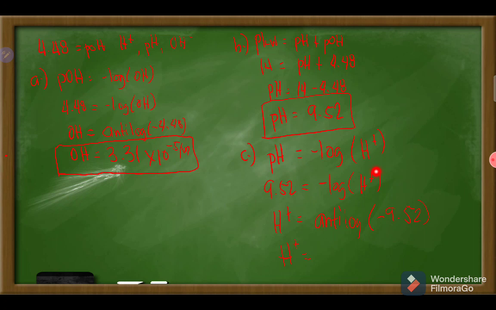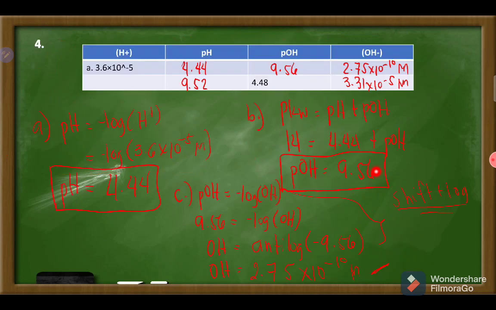It will give us the answer of 3.02 times 10 raised to negative 10. So this is the value of our hydrogen ion. We can input it here, 3.02 times 10 raised to negative 10.